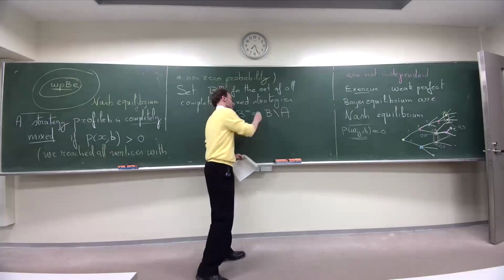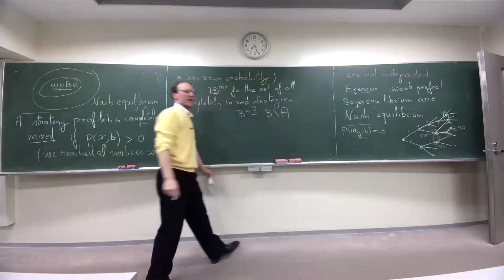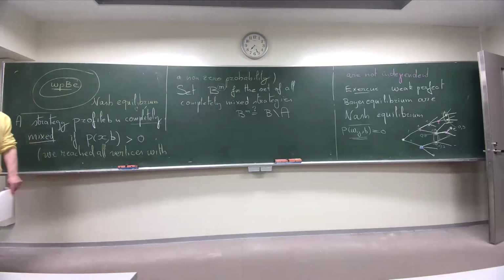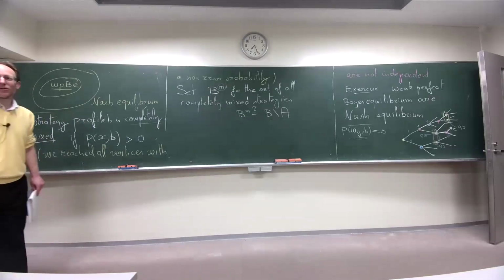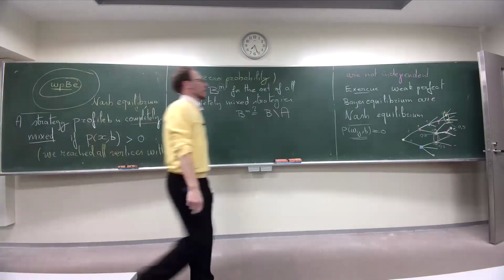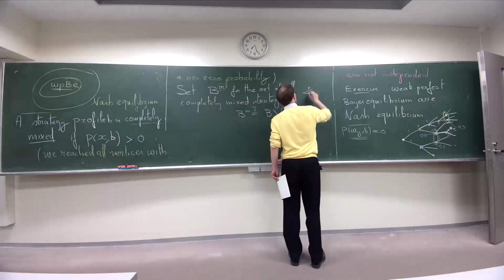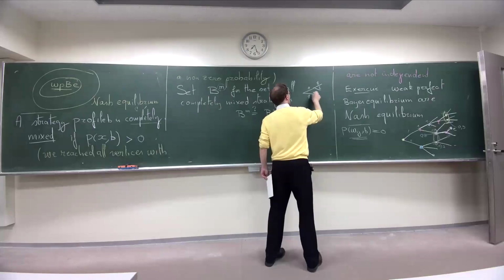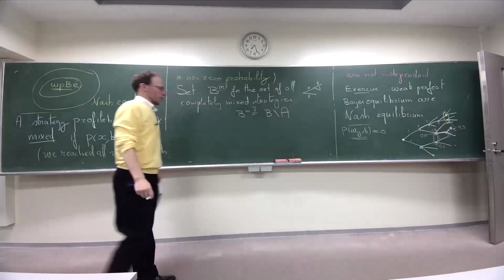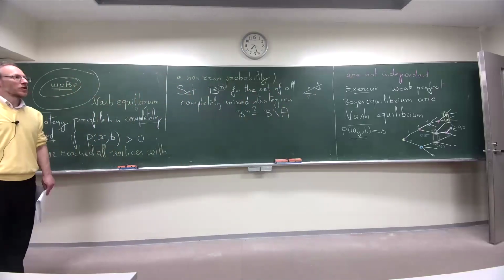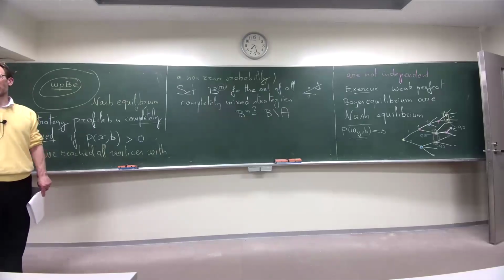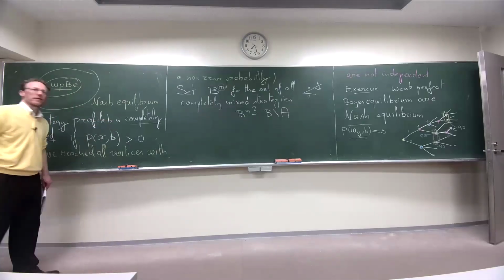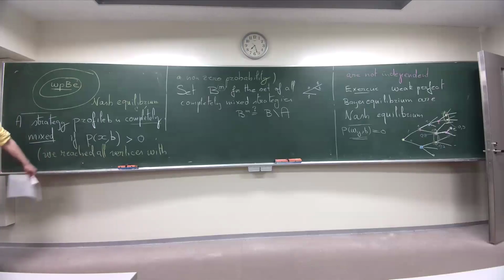Do we have this? It's an exercise for you. The answer is probably no. Why? It's easy to construct an example. Take 0, 1, and 1/2, 1/2. This is clearly not pure, but this is also not completely mixed. So you have the answer.